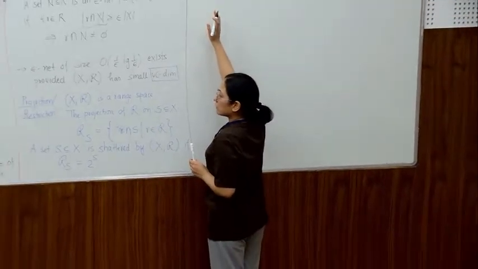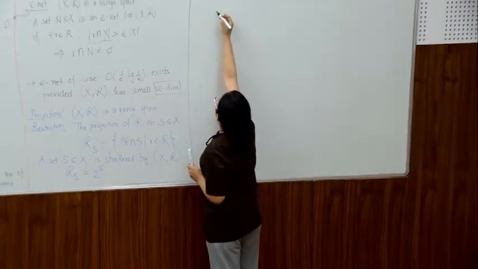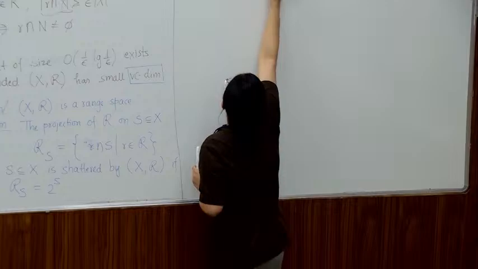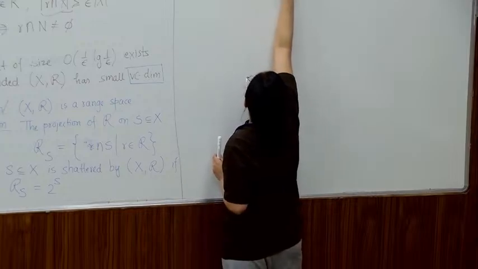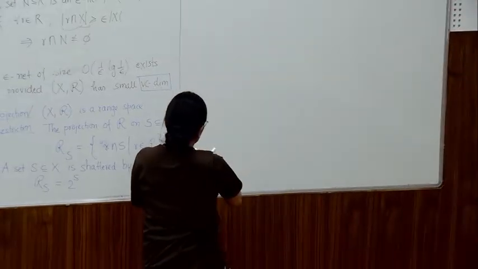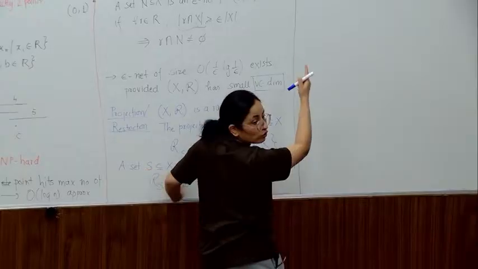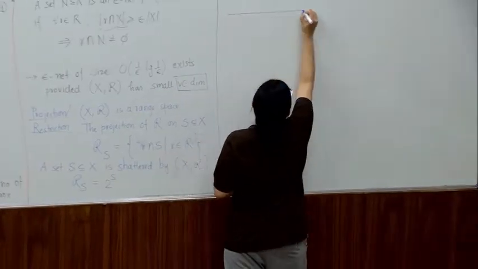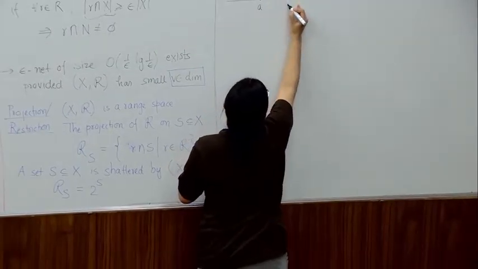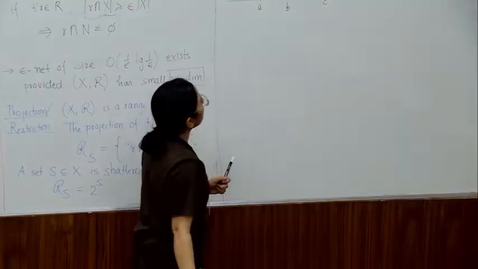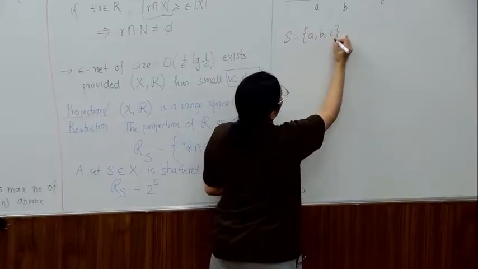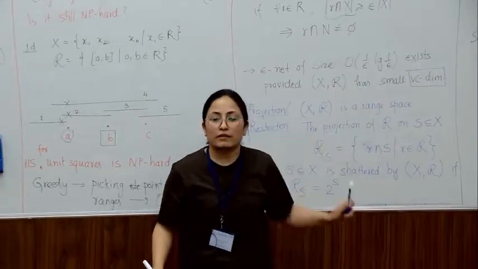Say X is the entire real line and R is the set of intervals. And I choose a subset S. Let's say we have 3 points, and that is my set S. Now we want to see whether S can be shattered by intervals or not.